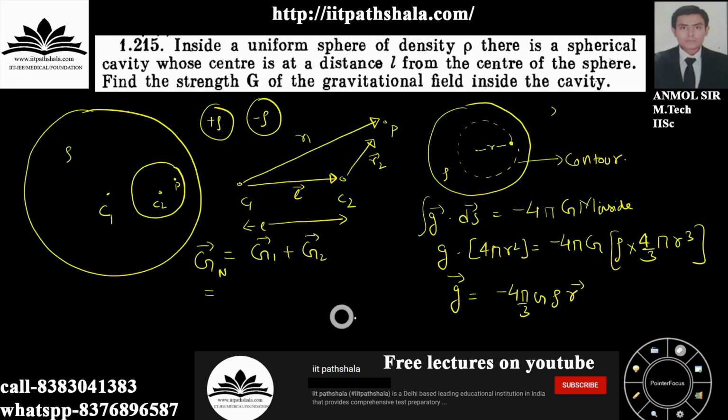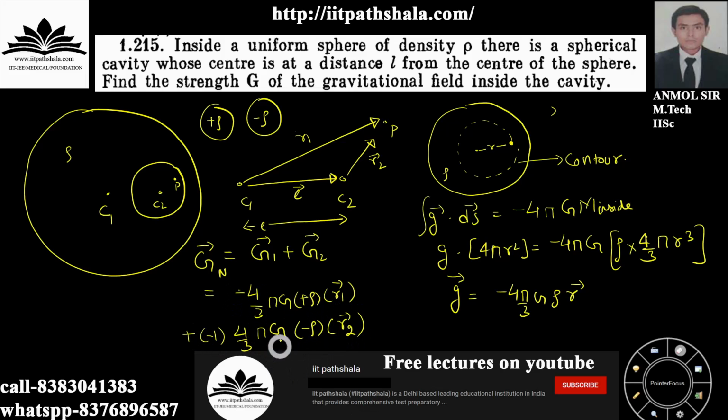Now you can just put all the values in. For the first one, the positive rho sphere, it is 4 by 3 pi G positive rho r1 vector, plus, you shouldn't forget the negative, 4 by 3 pi G minus rho into r2 vector.